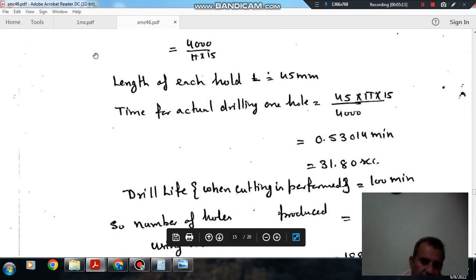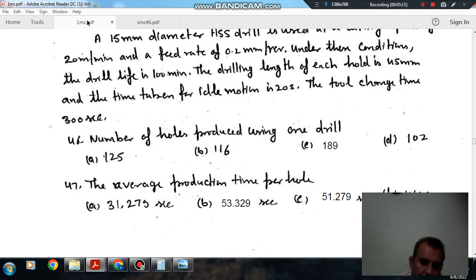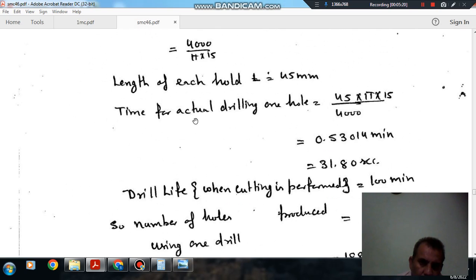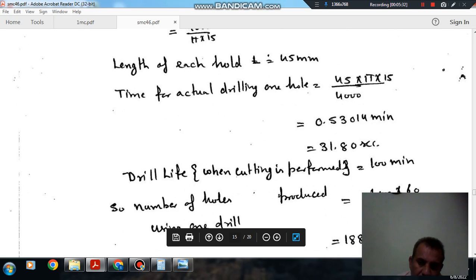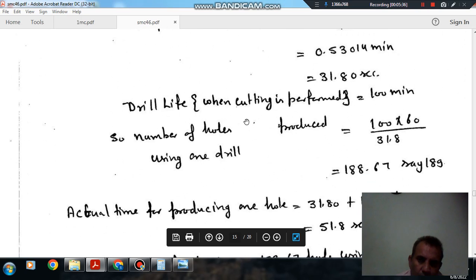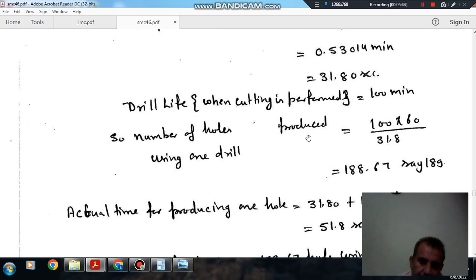Drill life is given as 100 minutes when actual cutting is performed. So the time for producing one hole is 31.8 seconds and drill life is 100 into 60 seconds. So the number of holes produced by one drill is 100 into 60 divided by the time for one hole, that is approximately 189.